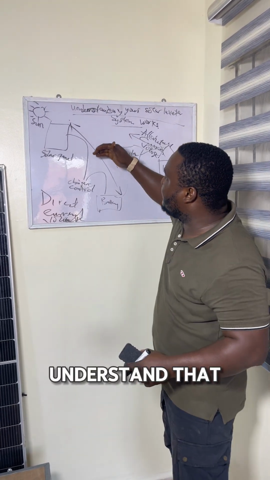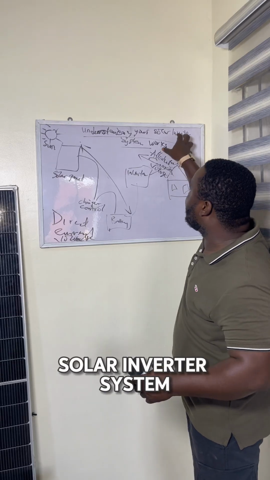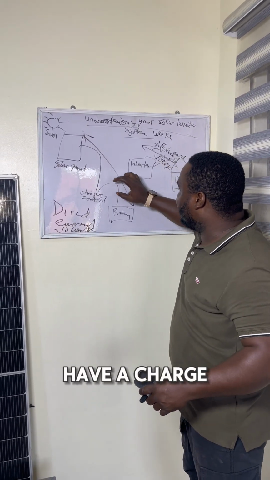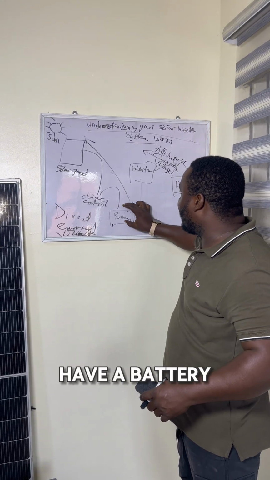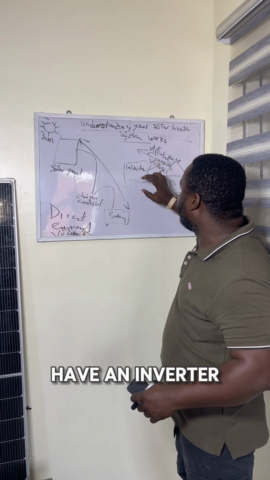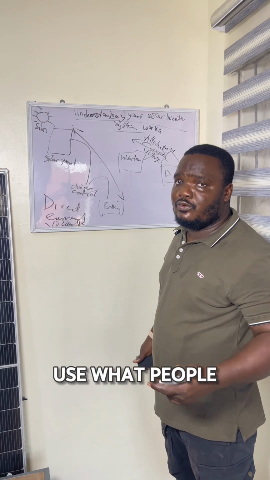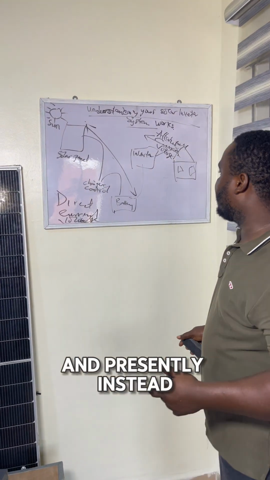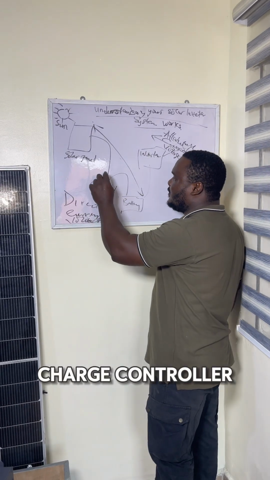When you understand that for me to have a complete solar inverter system, I need a solar panel, a charge controller, a battery, and an inverter.